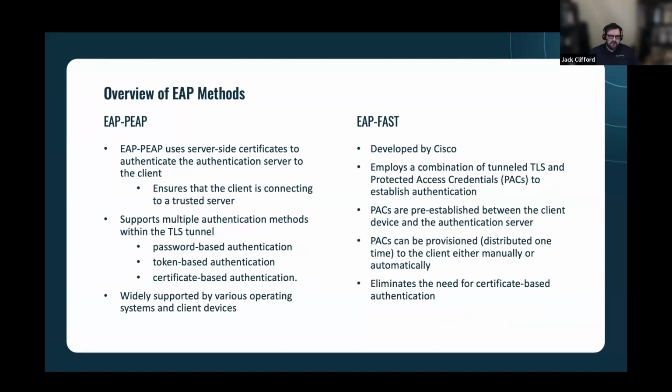So EAP-PEAP still uses a server-side certificate to authenticate, and then the client is using an inner authentication method within the tunnel that's being established. So that could be TLS, that could be MS-CHAP. There's a lot of different inner methods that can be used with PEAP.